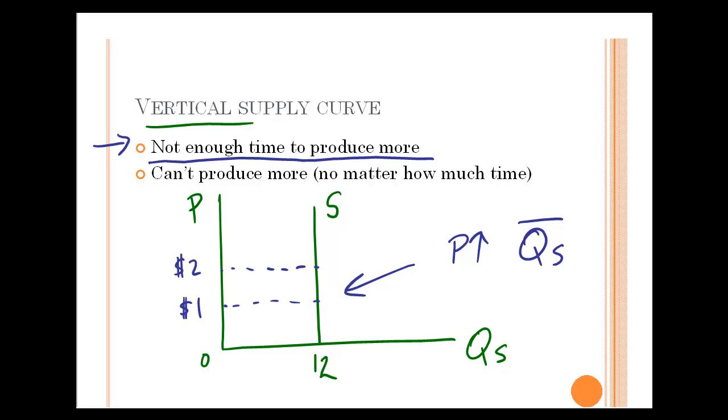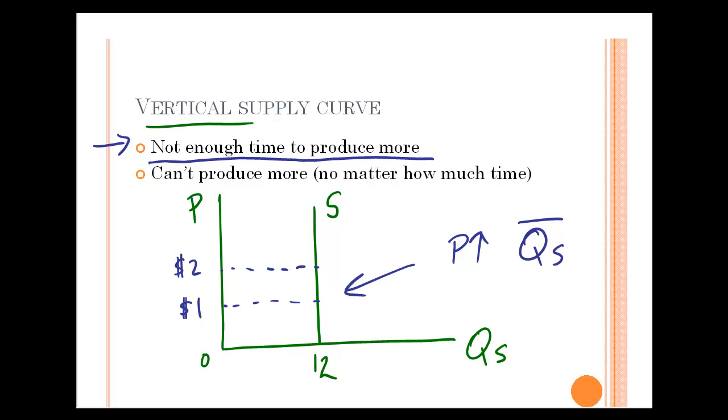And we'll just assume that over the next 10 minutes the price of good X goes up from $1 to $2. Well, it may be that it's going to take more than just a couple of minutes to produce more of good X. So the supply curve of good X over the next 5 minutes, over the next 10 minutes, over the next hour, maybe over the next day or month, depending upon how long it takes to produce more units of good X, is vertical.